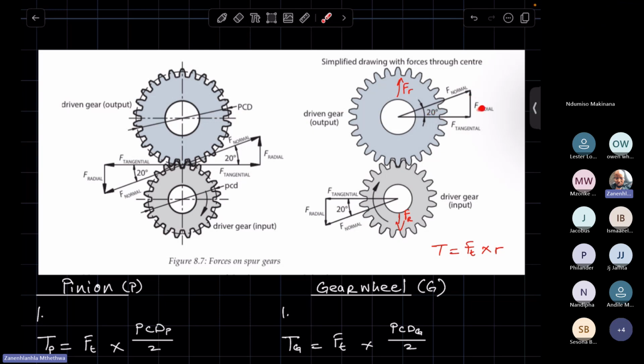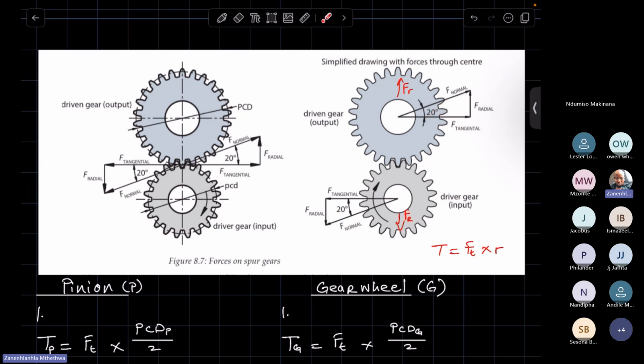So if you want to calculate the radial force, you take into account that the radial force is essentially opposite the angle we're using. And the side that you would have by then, once you've calculated the tangential force, will be adjacent to the angle.